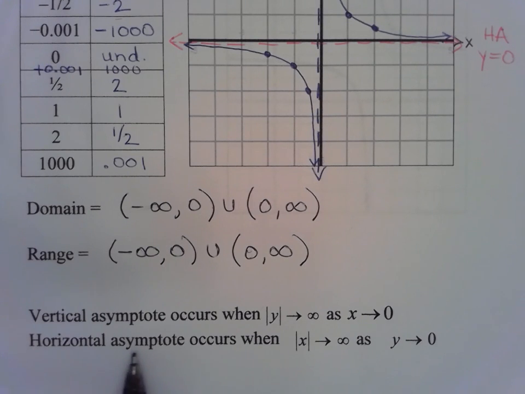And then the horizontal asymptote occurs when, as the absolute value of x goes to infinity, so x gets really big either on the positive side, positive infinity, or on the negative side, negative infinity, the y value is leveling out at 0 for this function. And so we drew that pink dotted line so you could see it approaching 0.